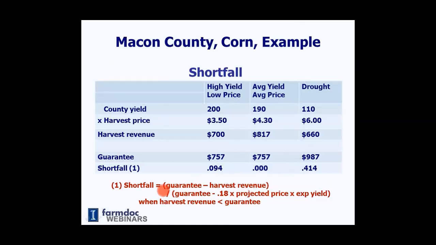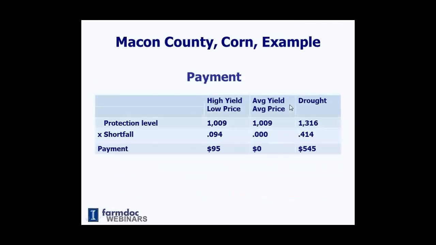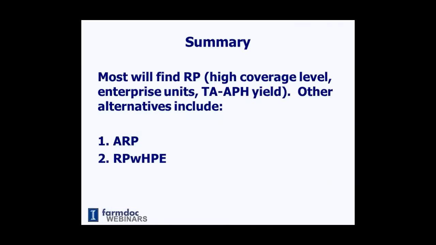Here you see the calculation of the shortfall. It's not necessarily intuitive, but the way this policy works, you get the same payments at most revenues as you would under the old GRIP HR policy. Here are the shortfalls. Multiply those shortfalls by the protection level, and the protection level goes up as well with the projected price, and you see payments listed there for the Macon County corn example.